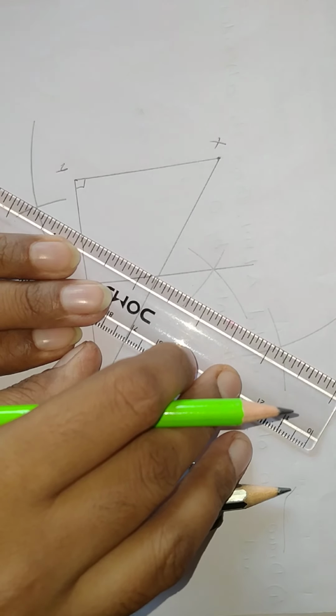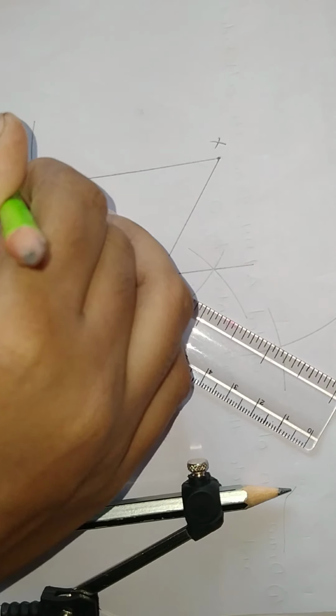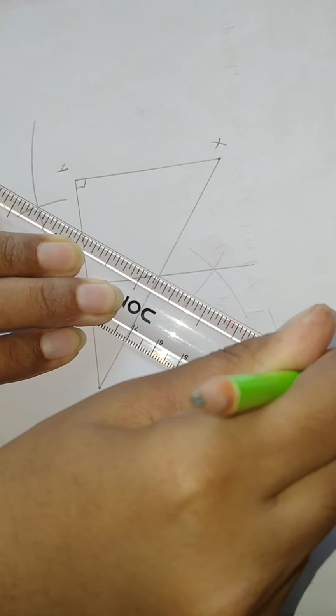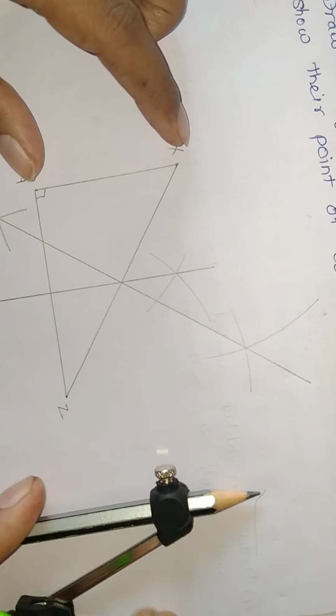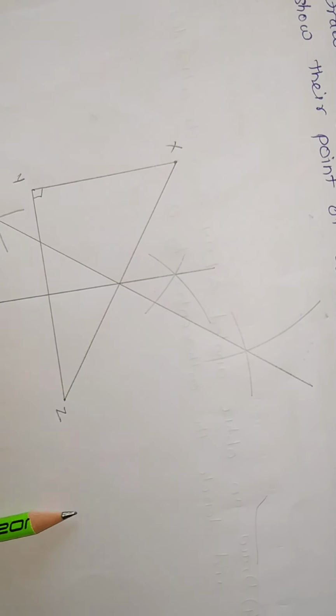If you are getting confused, you can draw the arcs one by one and join the 2 points. Now one segment is remaining.